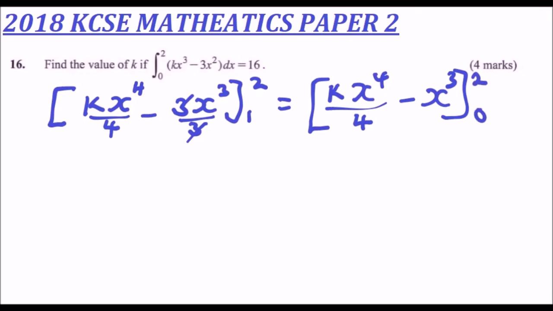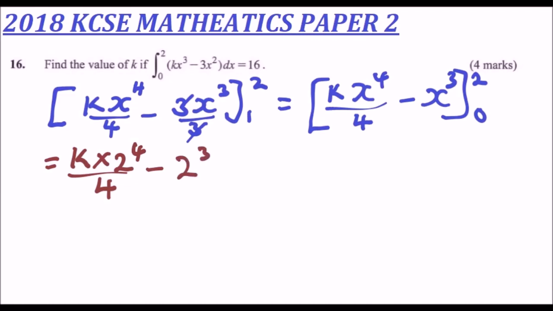So when you now substitute the limits, you substitute 2 in place of x. This is equal to k multiplied by 2 to the power 4 divided by 4 minus 2 cubed.